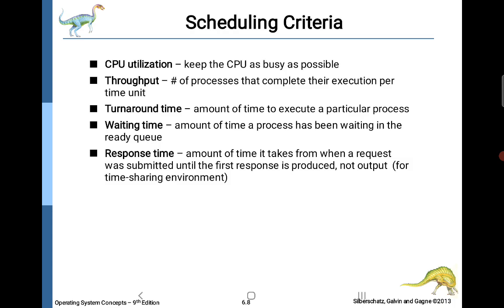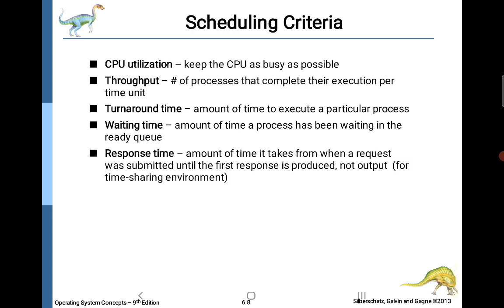What are the criteria that you have to take into consideration while choosing your scheduling algorithm? We have actually 5 main things to consider. We want to maximize the CPU utilization. Keep the CPU busy as long as possible.